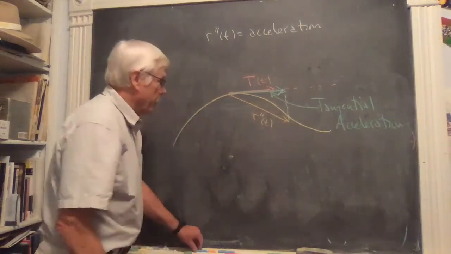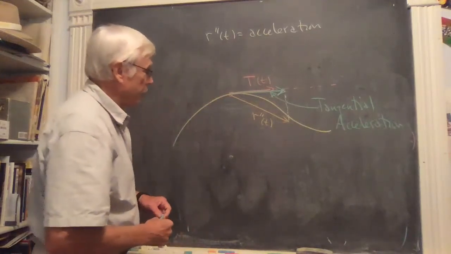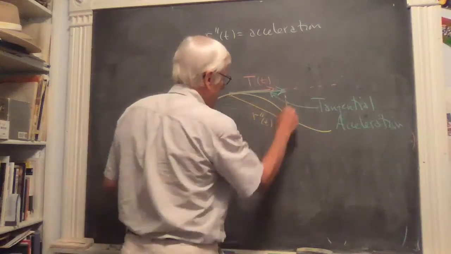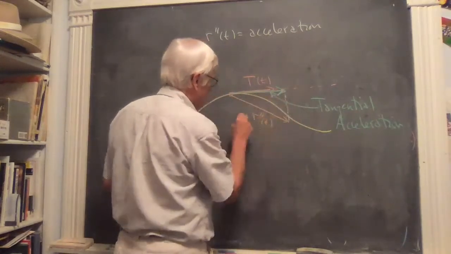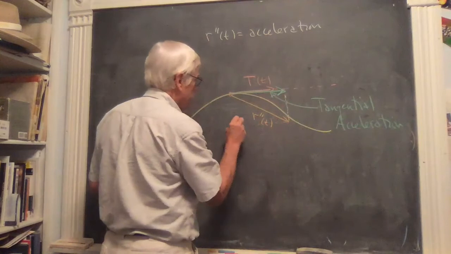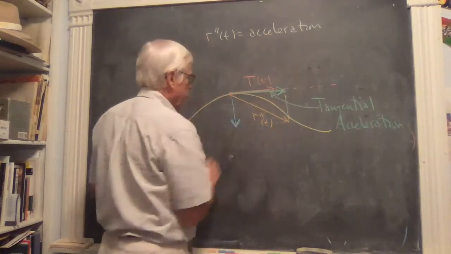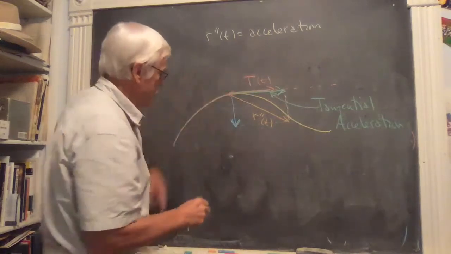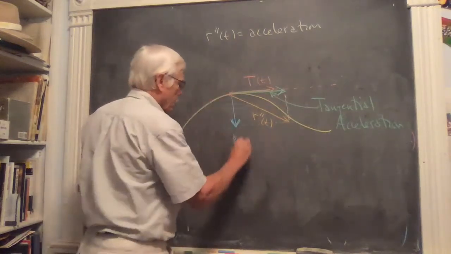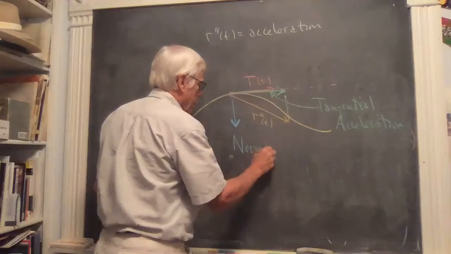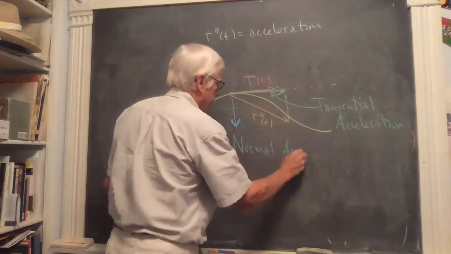And there's other acceleration that is non-tangential. You can see it here. Some is in this direction, but the other component is perpendicular to tangential, and this is called the normal acceleration.